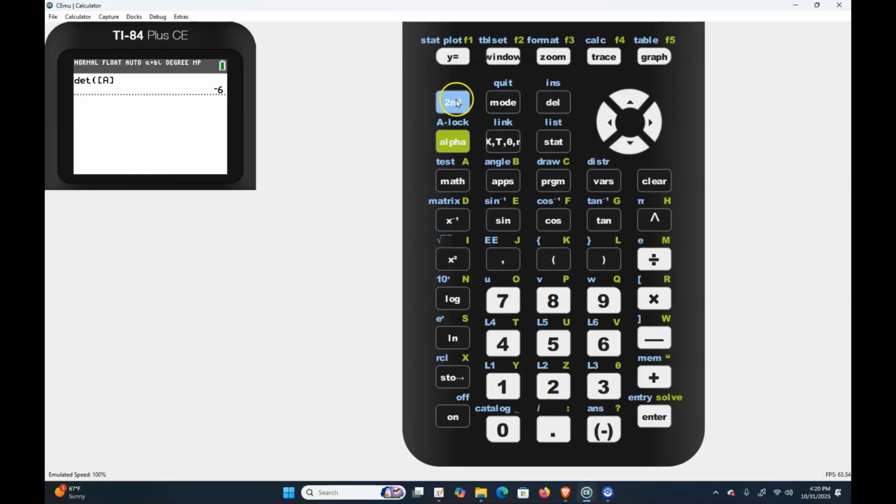So let's solve for A through D now. So it'll be second matrix, A, reciprocal, times second matrix, cursor down to C, times negative 6. So A is negative 8, B is negative 8, C is negative 2, D is negative 8.